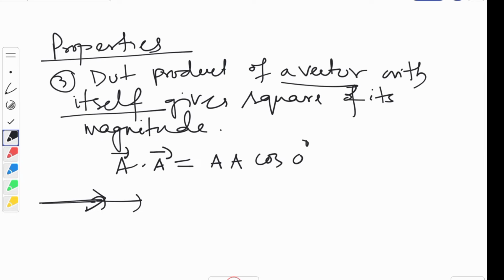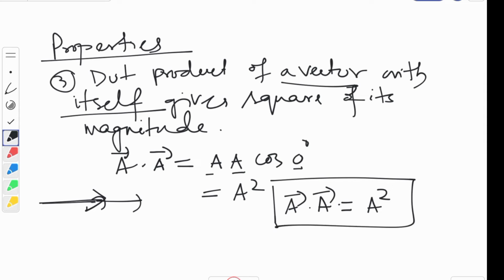So here two vectors are A and A, with 0 degrees, and cos 0 is equal to 1. So that means A square. A very, very important result, children. Remember this one; it will help you in numericals. The dot product of a vector with itself gives you the square of that vector.